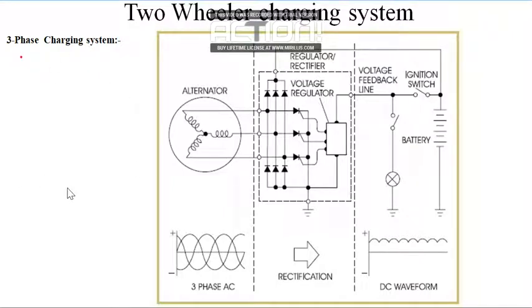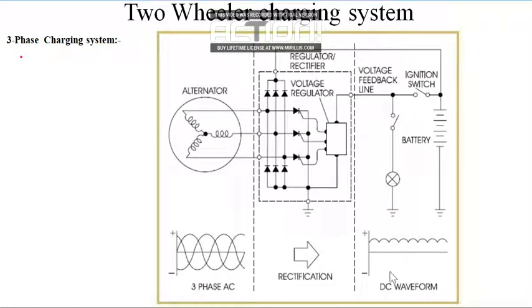In a single-phase full wave charging system, the rate of the charging cycle increases somewhat compared to a single-phase half wave charging system. In a three-phase charging system, the rate of the charging cycle increases again, three times that of the full wave system, because three cycles are coming to charge our battery.